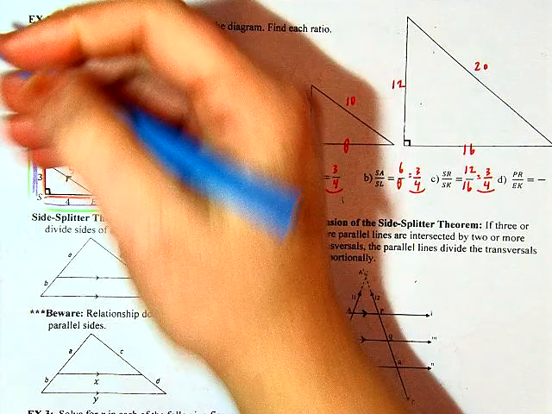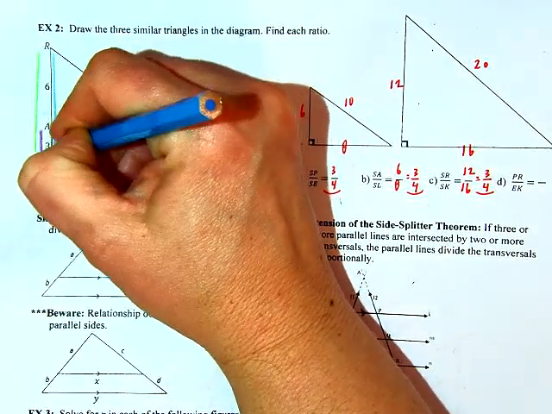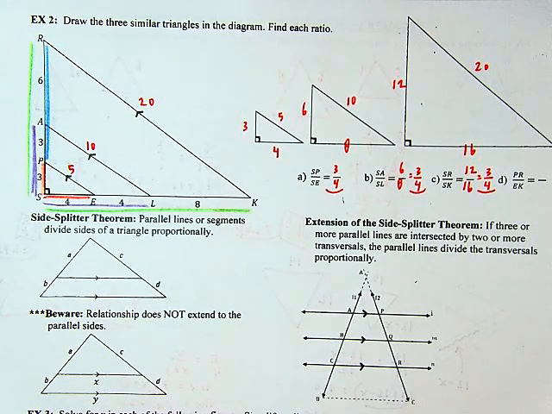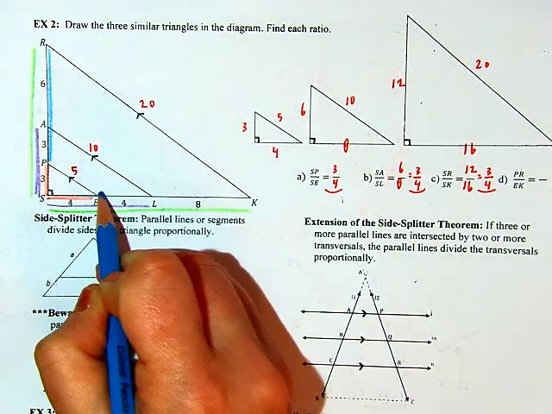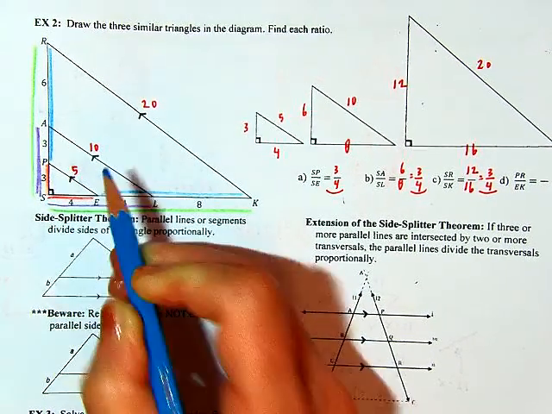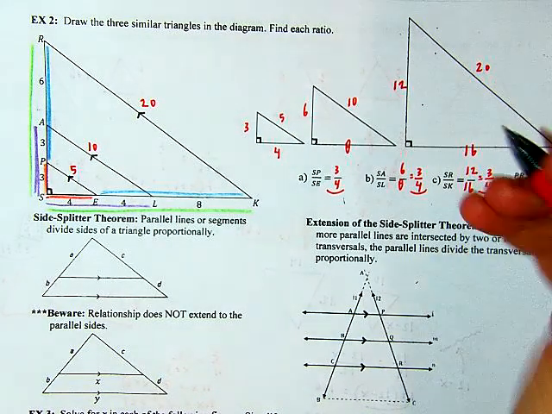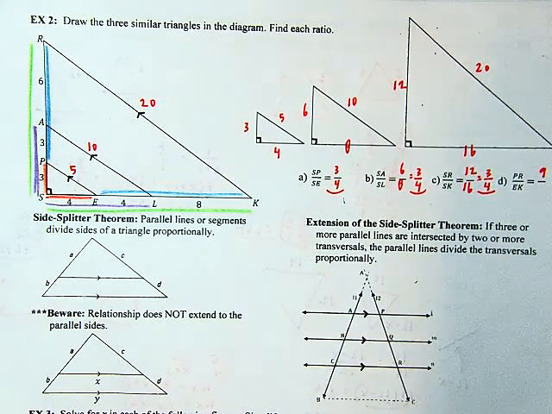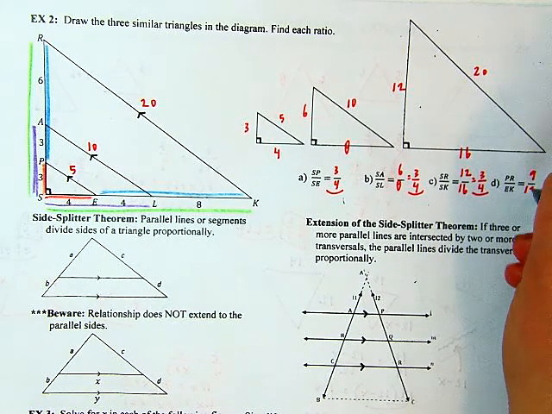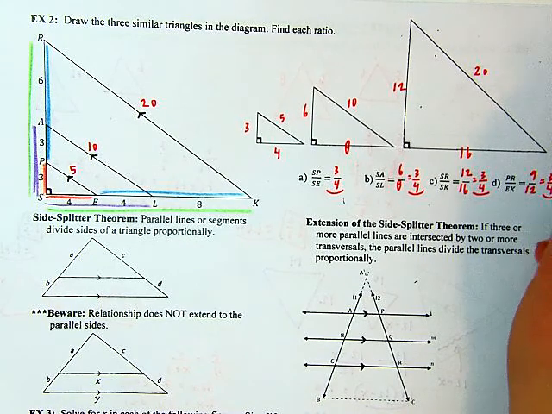So PR is here to here. PR is not a full side of one of those right triangles. So I just want to see, does that hold that same relationship? Does PR to EK maintain that relationship? So PR is 9 and EK is 12. That is still a 3 to 4 ratio.